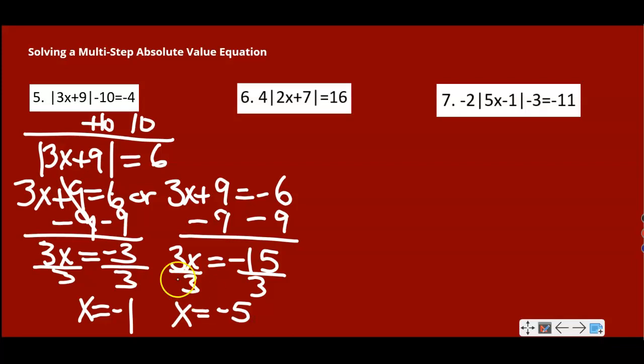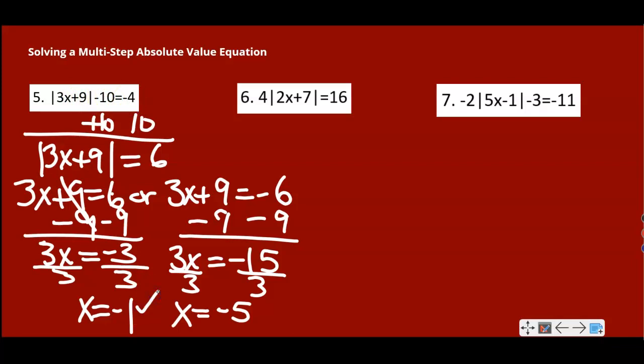And again, we're going to plug these in to check them. So 3 times -1 is -3. -3 plus 9 is 6. Absolute value of 6 is 6. 6 minus 4 is -4, equals -4.